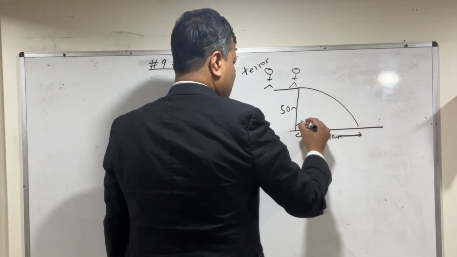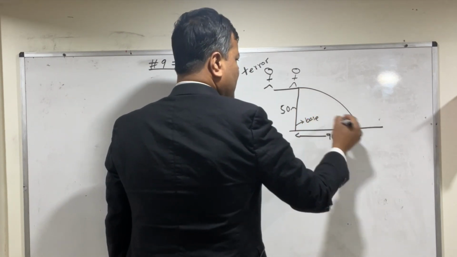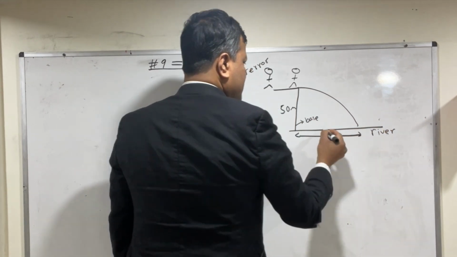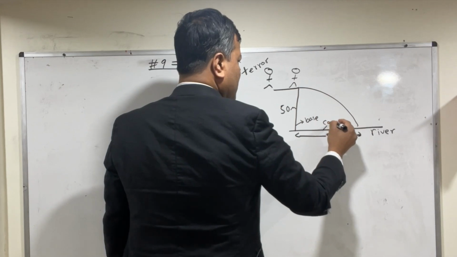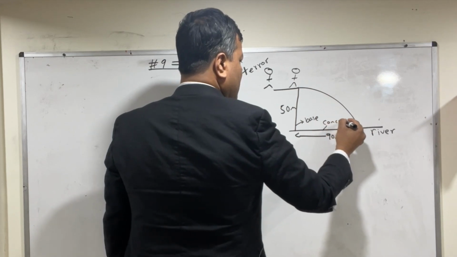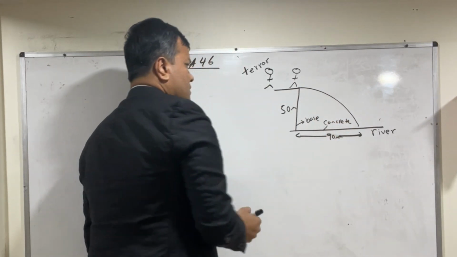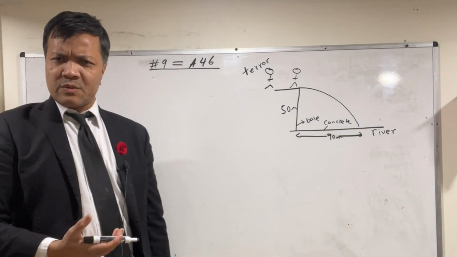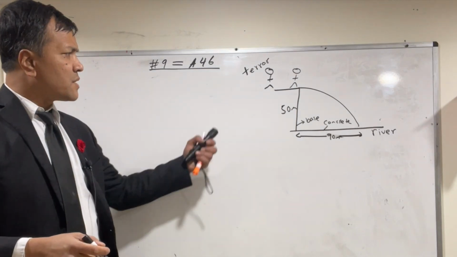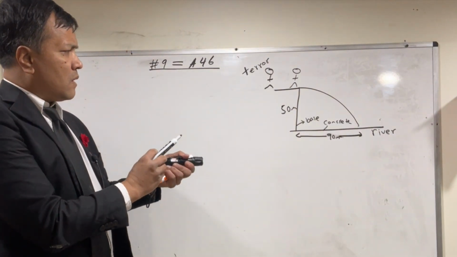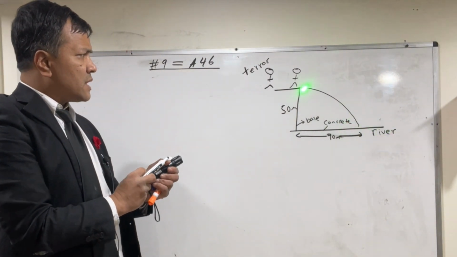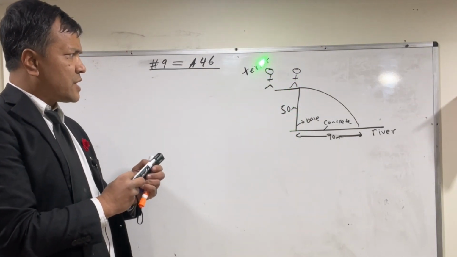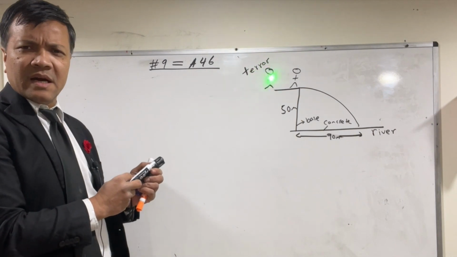So this is the building base, so that he can land on the river. And this is, of course, concrete. He doesn't want to land on concrete, because if he lands on concrete he will die. So his main goal is to land on the river. He's jumping from a 50 meter tall building because he is chased by a terrorist with a gun.